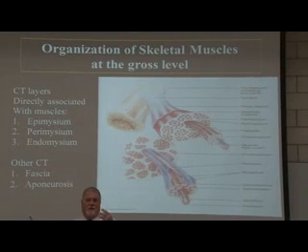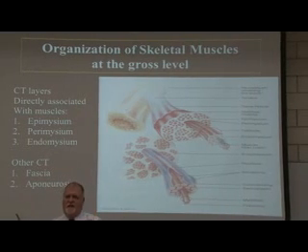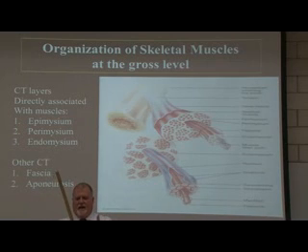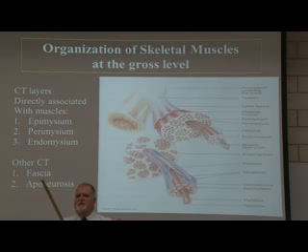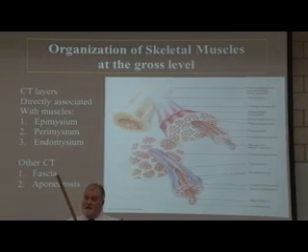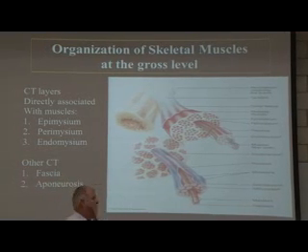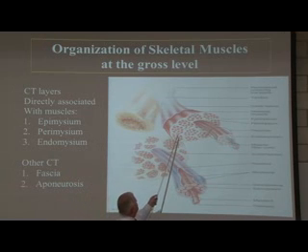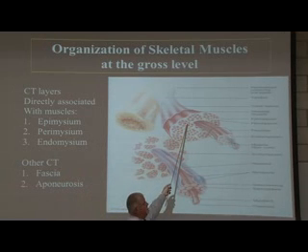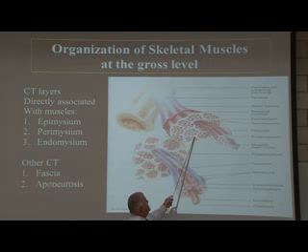The perimysium is around a muscle subunit that we call a fascicle. And that allows us to do partial contractions. We're going to get more precise on this with some terminology as we go along. So this represents one fascicle, this represents another fascicle, this represents another fascicle. This connective tissue within here is the perimysium.